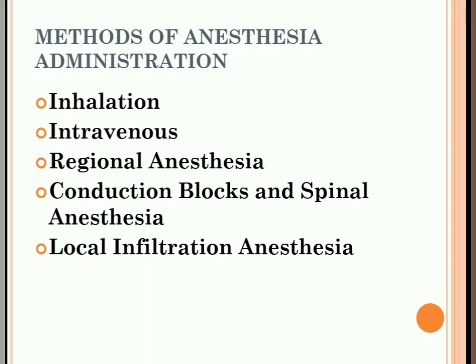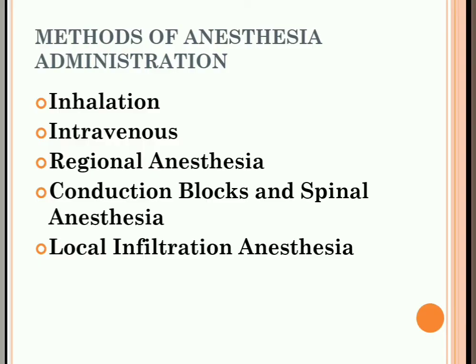So it is a type of extensive conduction nerve block that is produced when a local anesthetic is introduced into the subarachnoid space at the lumbar level. Usually na ginagamit is your L4 and L5.